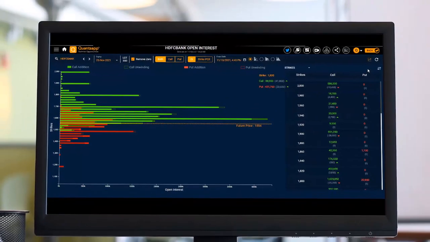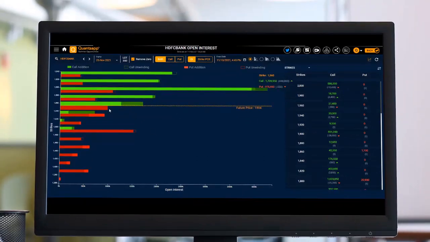So I'll directly get to see at what strike price how much the put open interest addition is. The bright tip shows us additions, the hollow shows us unwinding. So if I see in this, 1560 put option sees unwinding, a marginal one, a slight unwinding, but 1560 calls see a very huge addition.